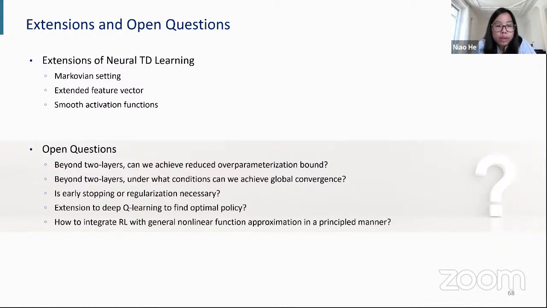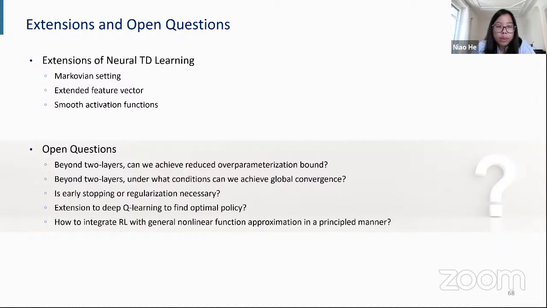And also, we know that with Q learning algorithms, if you use function approximation, it may not necessarily converge, even if you are using linear function approximation, not even to mention if you use neural networks.